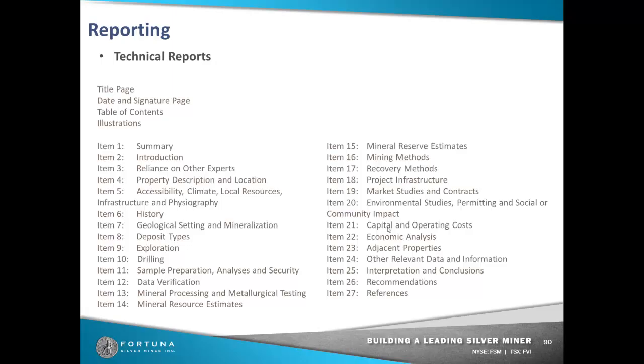Everything from what should be included on the title page, the dates and signatures, and the table of contents, through each and every chapter, with a summary of the information which is expected to be included, and in some circumstances not included, within each of these subsections. And it is a requirement that when a technical report is filed, each and every one of these chapters and items be addressed, even if it includes making a note to state that no information is presently available.